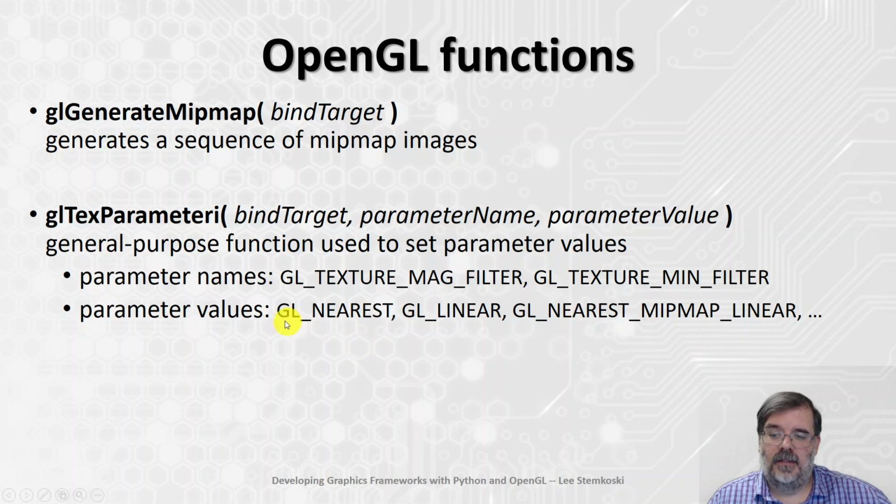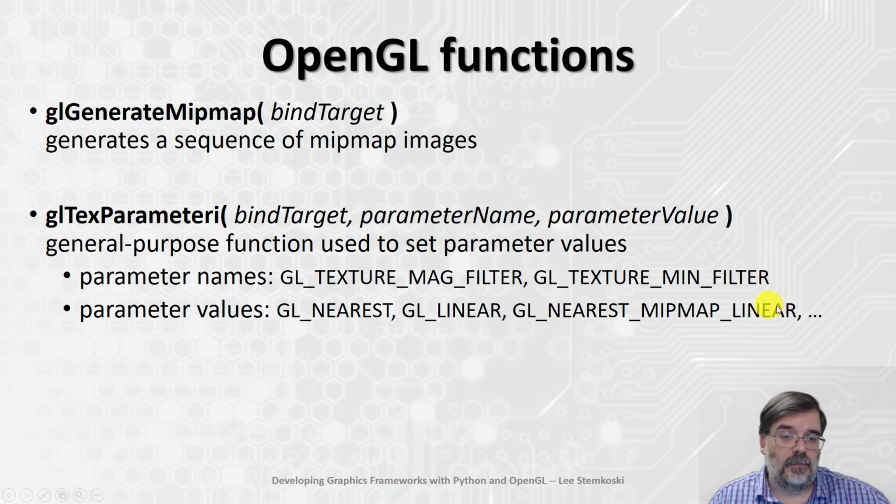So for example, if you want to use the nearest neighbor algorithm when minifying or magnifying, you would use GL_NEAREST as your parameter value. If you want to use linear filtering, again, you could use that. If you choose to use MIP mapping, there are a lot of different constants which you could use.